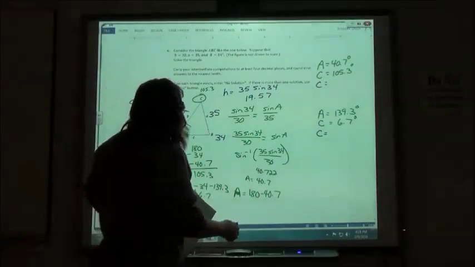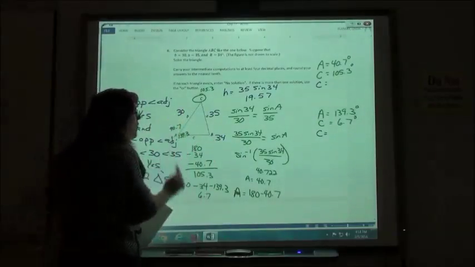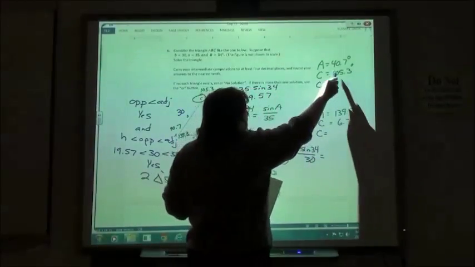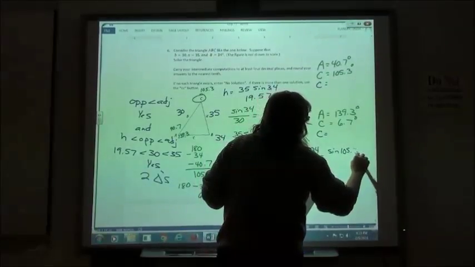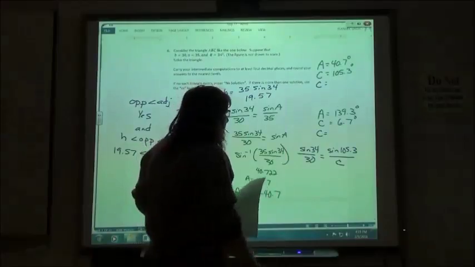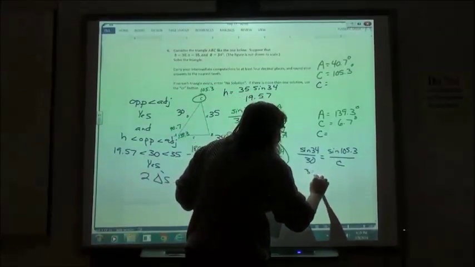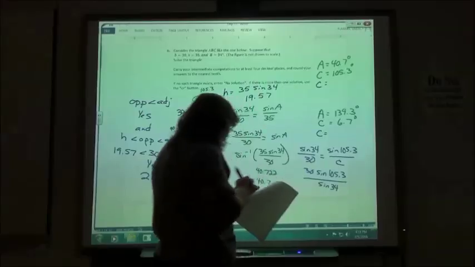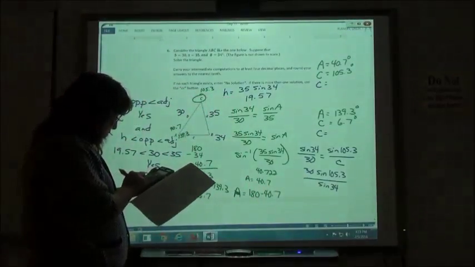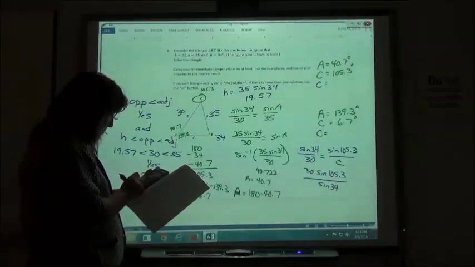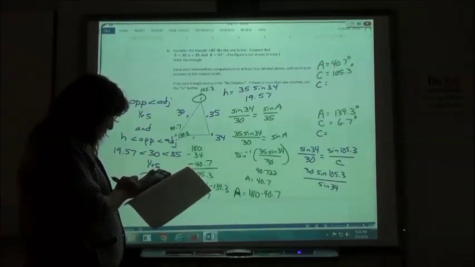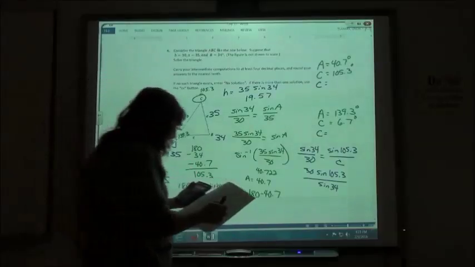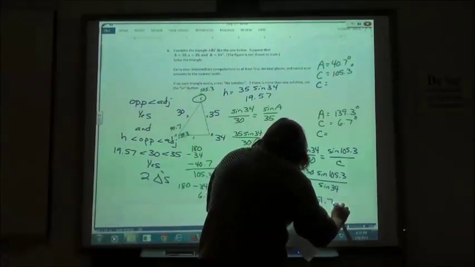The given one was the sine of 34 over 30, which is going to equal the sine of 105.3 over C. So solving that, when I cross multiply, I'm going to take 30 sine of 105.3 divided by the sine of 34. That gives me 51.747.